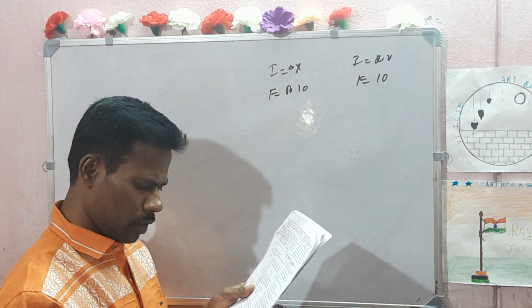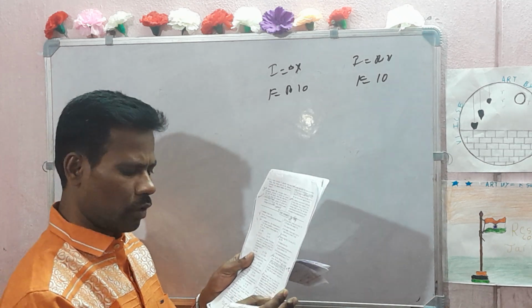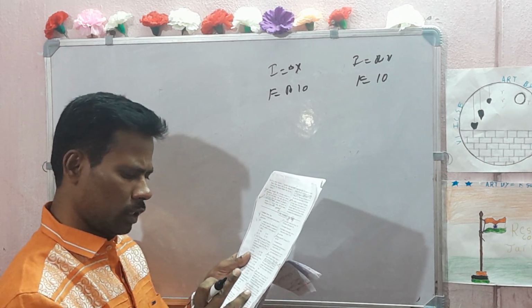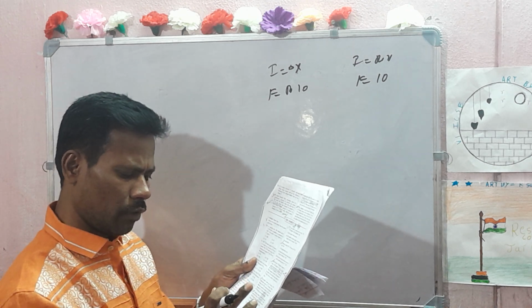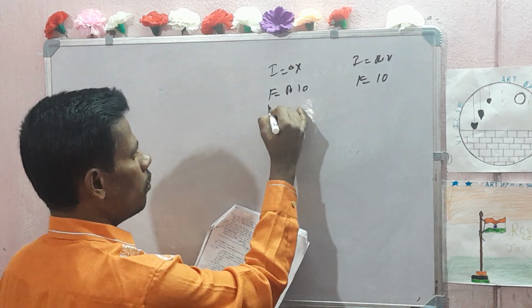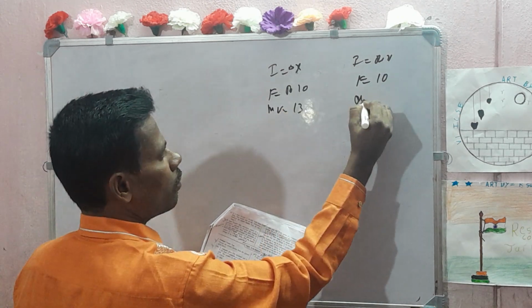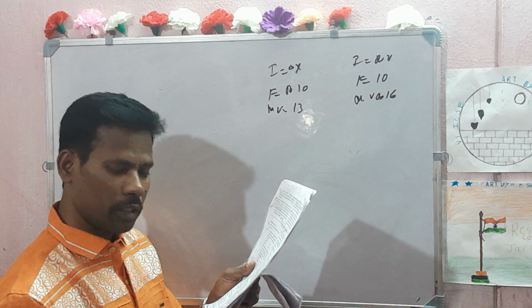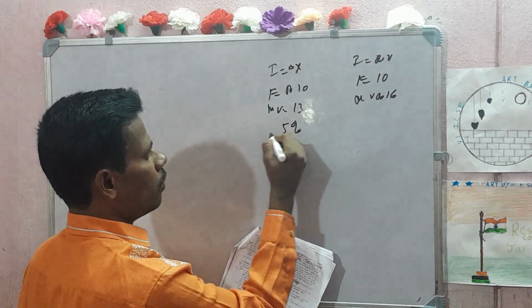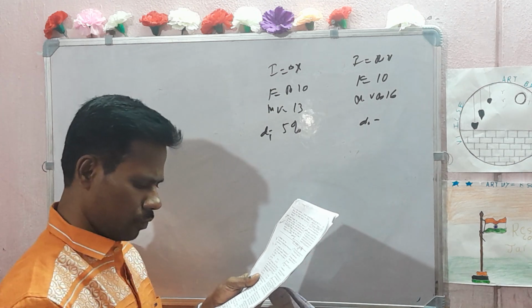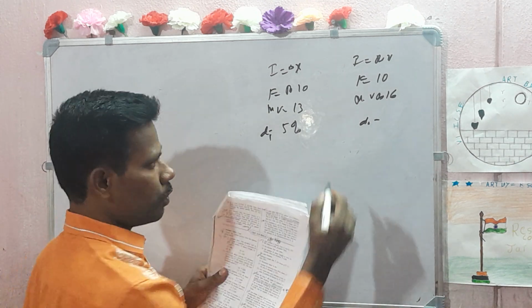So what is the market price? I should invest in two companies. The first one at a market value of 13, the second one at a market value of 16. Market value is 13, market value is 16. Right? If the first firm pays 5%, all the conditions I am writing. Dividend D1, you write. D2, what is it? And the second firm pays 6%.